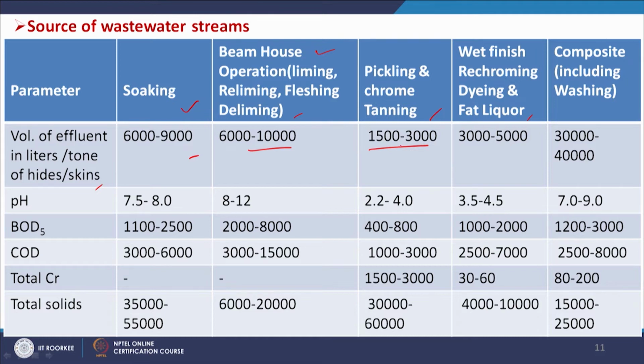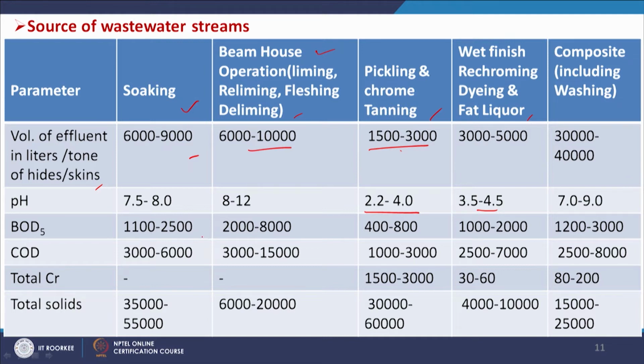So, it is treated separately, and that part we will discuss. Then pH is also given here. In pickling you see the pH is very low, and in wet finish the pH is also low with respect to other processes.